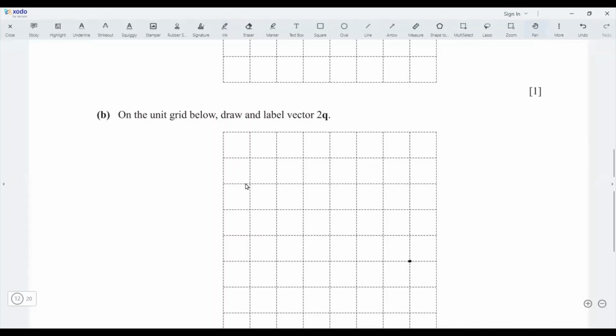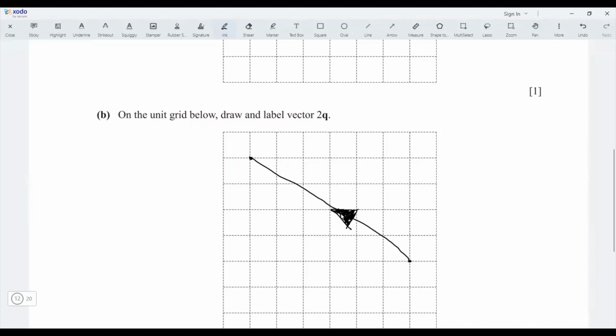So 1, 2, 3, and 4. Stop here. Join these 2 points. So the arrow must be towards the end point. The starting point must have the tail and the end point must have the head. So this is the representation for the vector 2q on this grid.